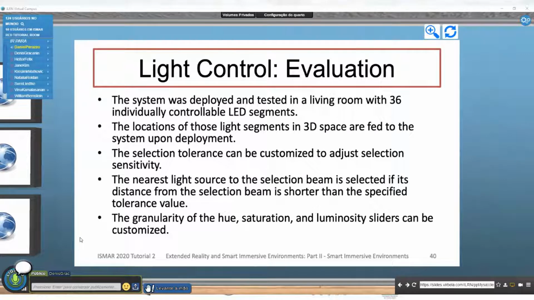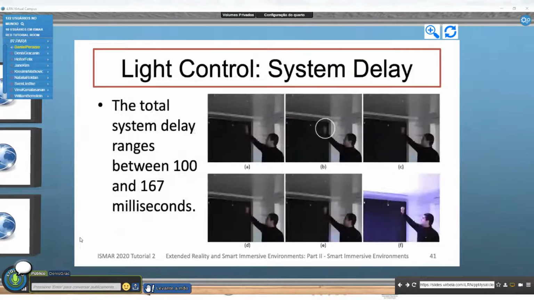Finally, we also need to consider some basic system performance. In other words, what is the delay? Is it sufficiently fast? That can be done fairly simply by recording and looking at when the gesture occurs, in this case closing the hand in figure B, and how many frames it takes for the light to sync.